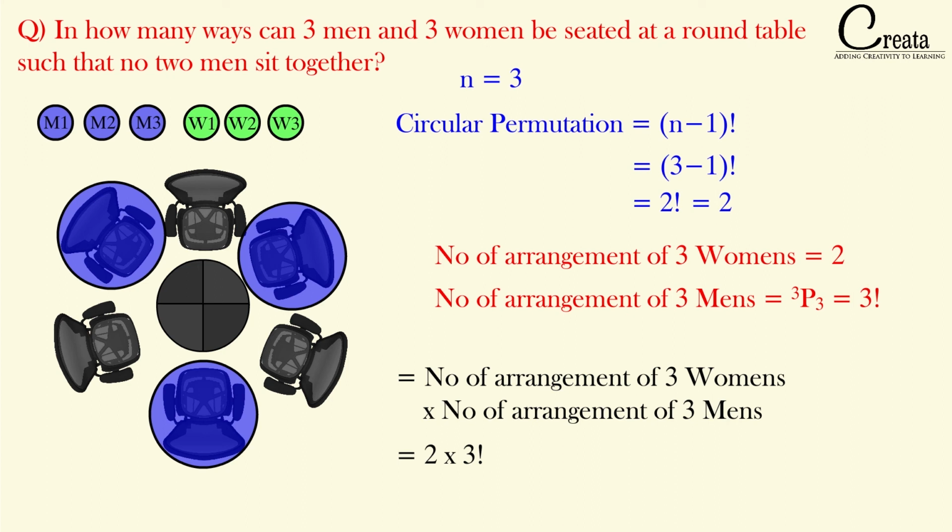AND means multiplication. Firstly, we have calculated the total ways in which the women can sit. Then we have calculated the total ways in which the men can sit. So here the multiplication, that is AND, will be applicable. So our answer will be 12. Okay, that is the answer of this question.